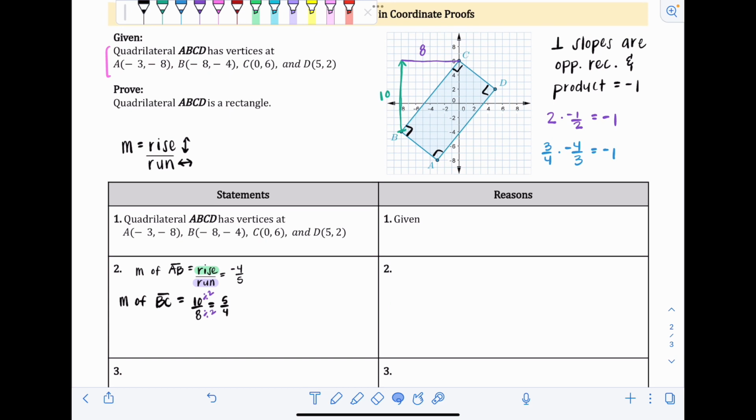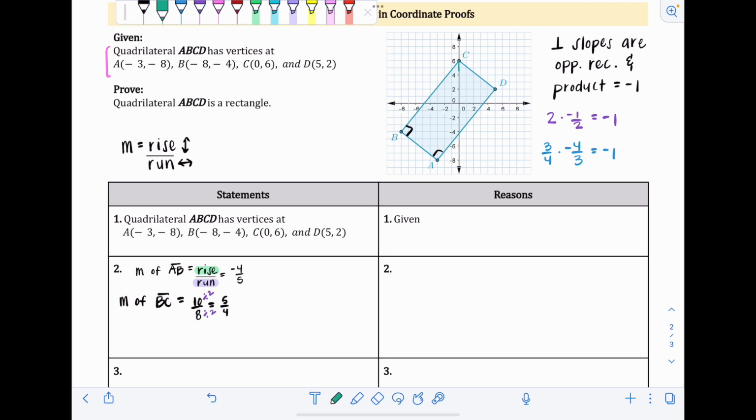Okay, so the next one I'm going to find is CD. So from C to D, we'll find rise over run. I'm going to erase the old ones just so it doesn't look like one big section. You can go either direction you want. You can go out this way and then down, or you can go this way and then over. It ends up being the same. If you like doing rise first, we have to go kind of inside.